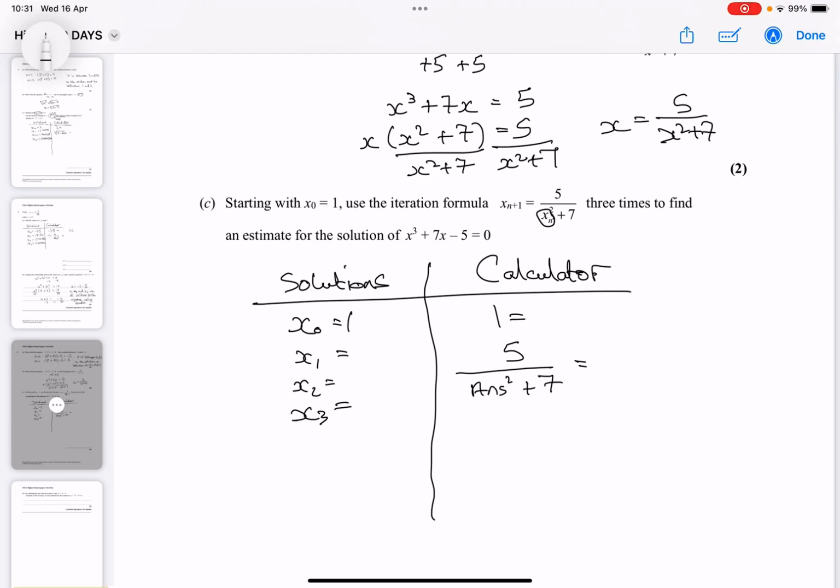Equals, so I've got 0.625 equals, I'm using S to D, 0.6765327, plenty of decimal places, and then I've got 0.6704483, etc. Okay, that's that one.